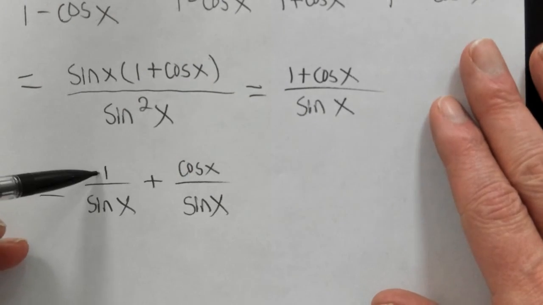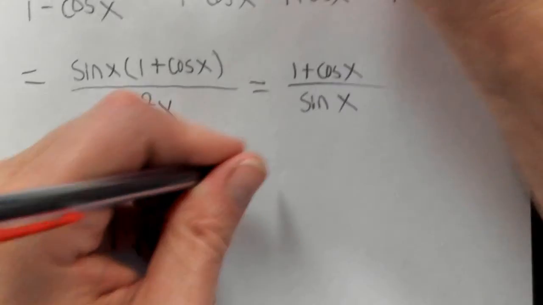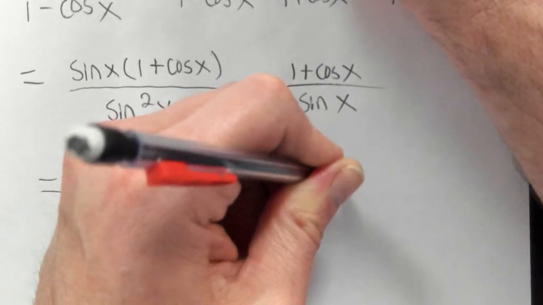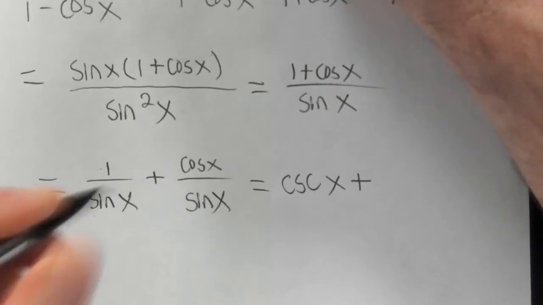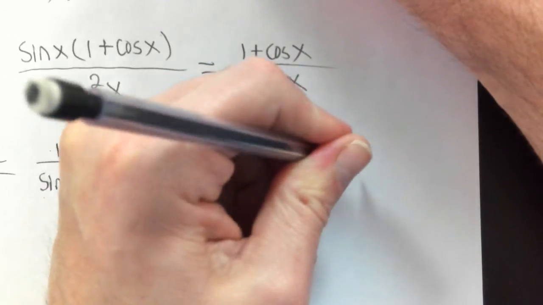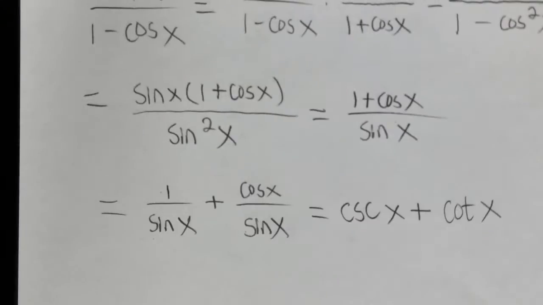What's 1 over sine? 1 over sine is cosecant, which is good, so I'll change that. Plus, and what is cosine over sine? Cosine over sine is cotangent, which is the other part that I want. So I'll change that. Cotangent of x. And you got it. That's it.